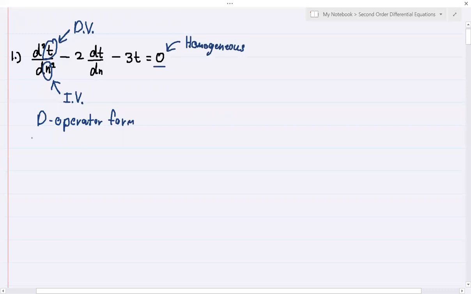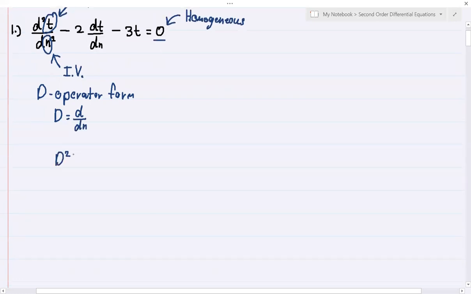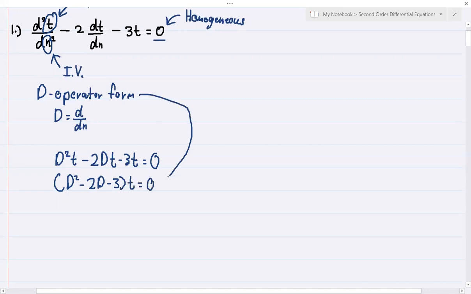So by doing so, we will substitute your d all over dn as your capital D. So we will have d squared of t minus 2 dt minus 3t is equal to 0. And after that, you're going to factor out your t in this expression. So we will have quantity d squared minus 2d minus 3 times t. So this is your d operator form.